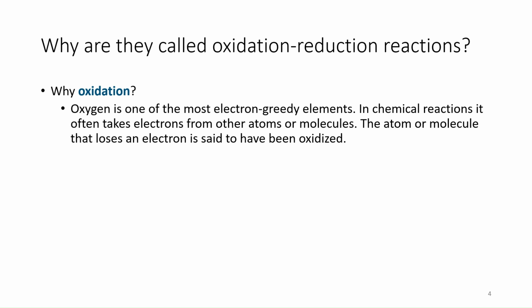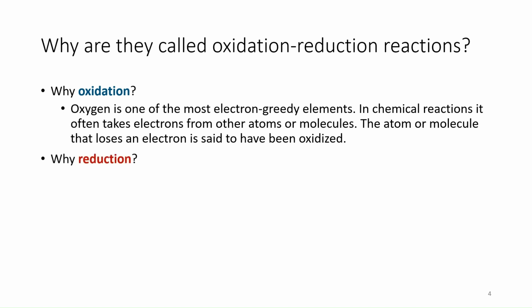So in chemical reactions, it often is responsible for taking electrons, just like we saw fluorine in the previous slide, taking electrons from other atoms or molecules. The atom or molecule that loses an electron is then said to have been oxidized, and that's where the term oxidation comes from. So in the previous example, sodium was oxidized by fluorine. In other words, its electron was taken by fluorine. Oxidation.